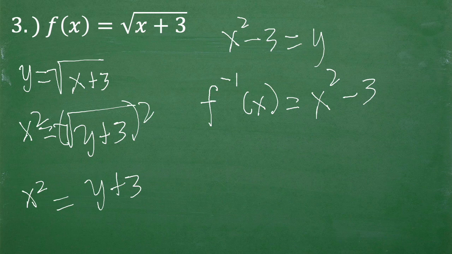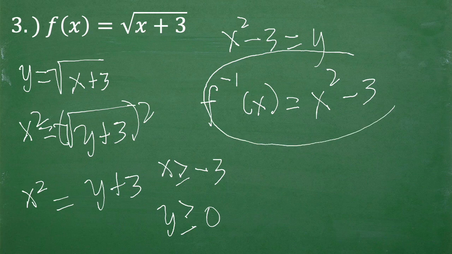Since we put restrictions on our original function, which is x must be greater than or equal to negative 3, and y must be greater than or equal to 0, now, to restrict this function so that we could make an exact representation of its inverse, we restrict this one also.